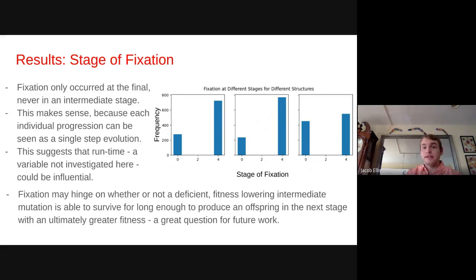So that's something we could potentially look into in the future: how the runtime affects the fixation, since it never occurs at an intermediate stage and is always occurring at that 5th mutation sequence.